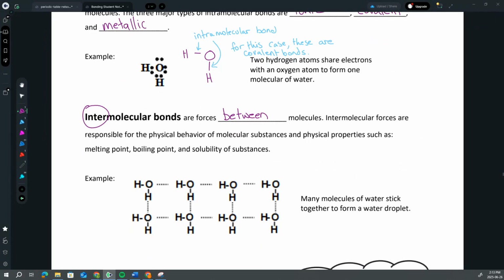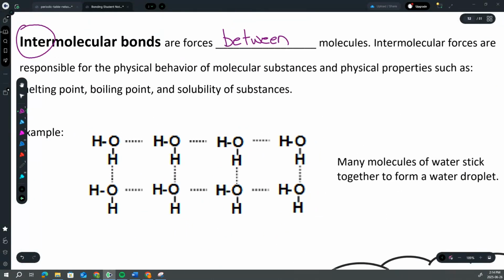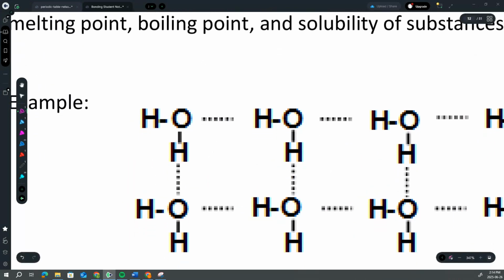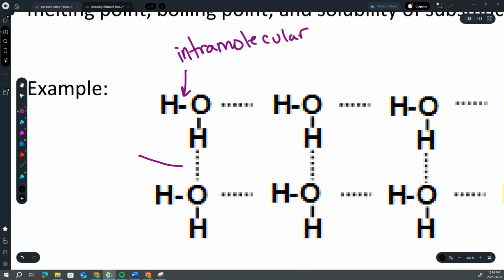Okay, so intermolecular forces are responsible for the physical behavior of molecular substances and physical properties such as melting point, boiling point, and the solubility of substances. For example, many molecules of water stick together in order to form a water droplet. So these are the intramolecular bonds, whereas these dotted lines are the intermolecular bonds.